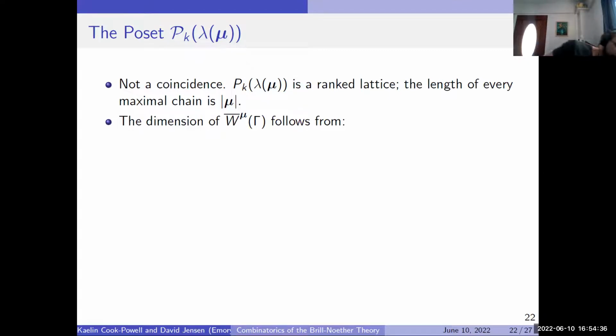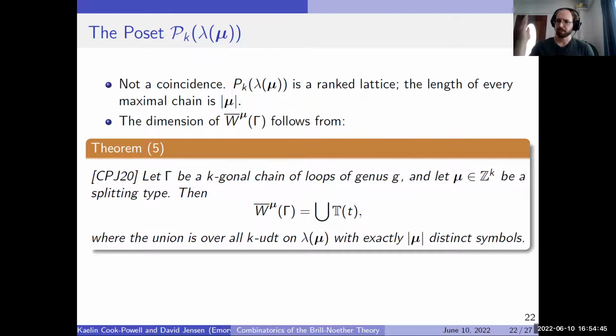If I want to describe the dimension of the splitting type locus, I need to recreate exactly what I did before, which is, instead of taking the union over all tori, to remove as many redundancies as possible and describe it as the union over all tori with the fewest number of symbols. I want to replace symbols until I can't replace anymore. And that ends up being exactly the magnitude.